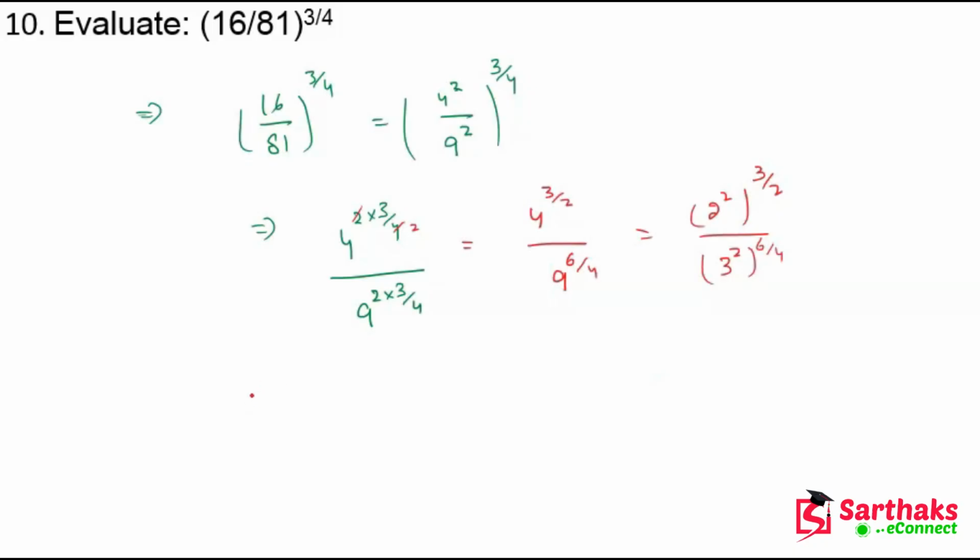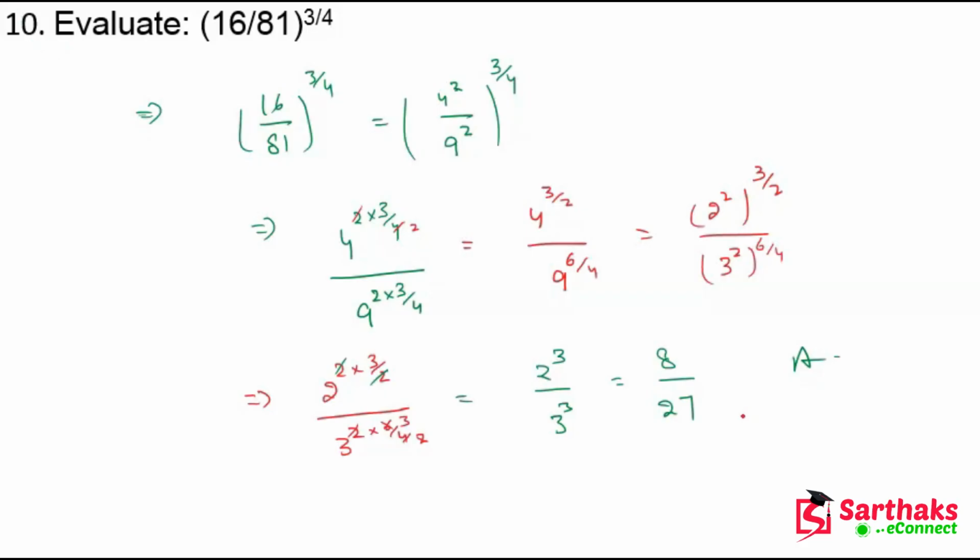So here you can see 2 raised to power 2 into 3 upon 2 over 3 raised to power 2 into 6 upon 4. We can cancel the 2 and 4, and we can divide 6 by 2 in 3 times. So here we have 3 raised to power 3, and here we can cancel 2 by 2. So here we get 2 raised to power 3 upon 3 raised to power 3. After solving this, we get 8 upon 27. This is the answer of this problem.